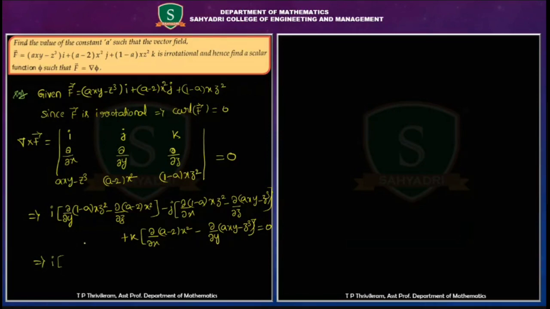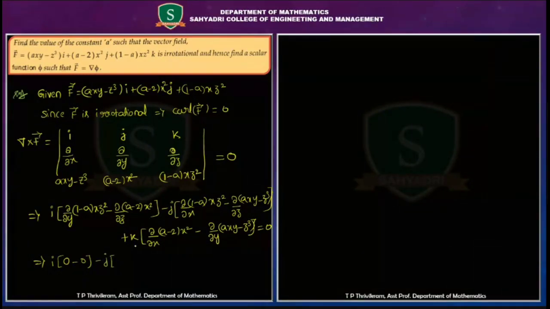I into Aisha? Yes, sir. Yes, can you differentiate this with respect to Y? First one. This one, first term, 0. So you'll get 0 minus 0. Okay.